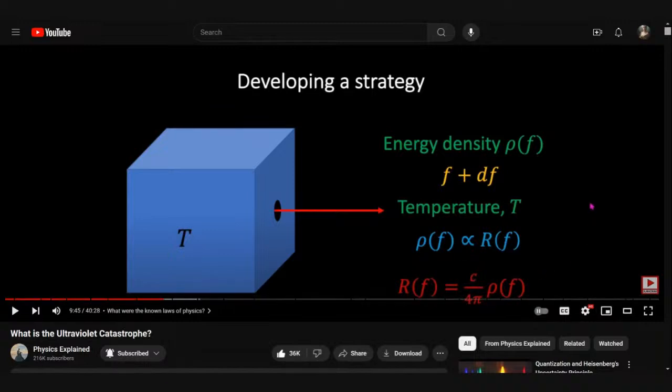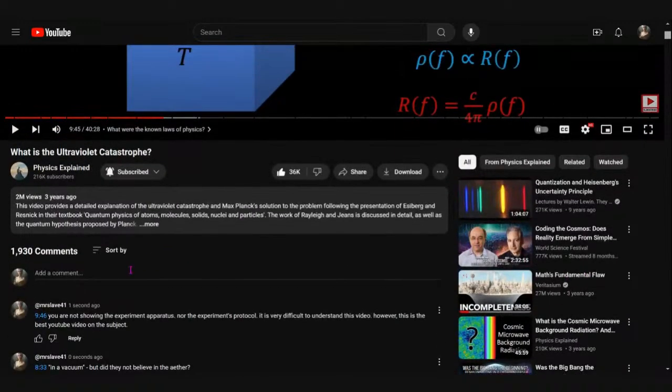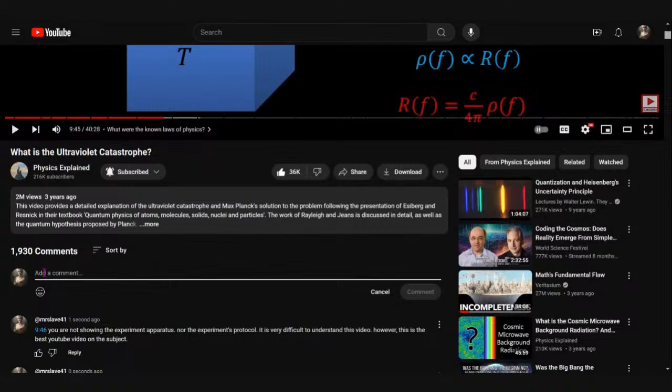Where does that come from? So radiance and density are related by c over 4 pi. Why? Well, that doesn't make any sense. I wish I could click like the time, like in the iPhone, it lets you choose the time. So this is 9:46.